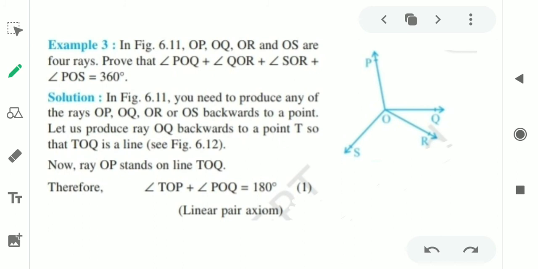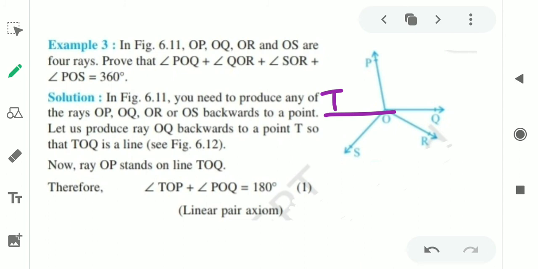Now in this we can produce any of the rays. We can produce OP, OQ, OR or OS. In this we are going to produce OQ backward to a point T.